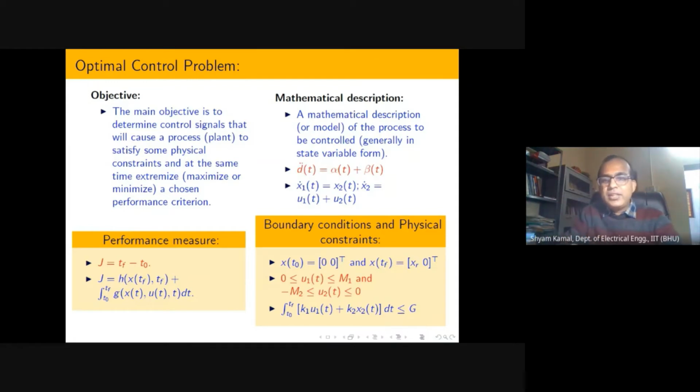In this way we are also stating the boundary condition. Boundary condition is required in order to start the evolution of this system, and the constraint is required to meet the physical limits. Up to here, does anyone have any confusion?